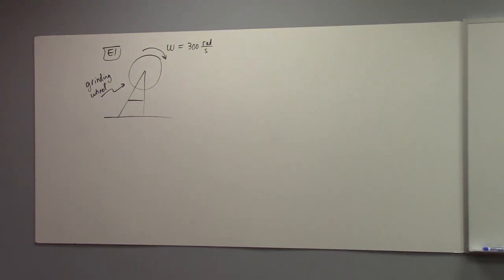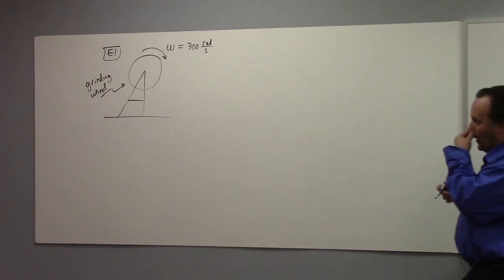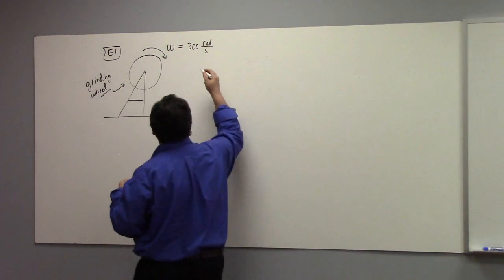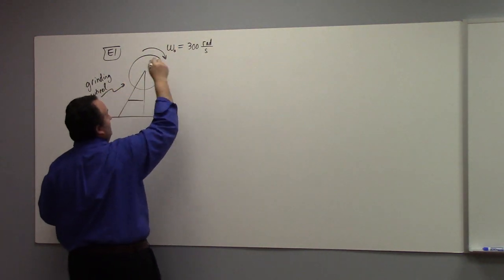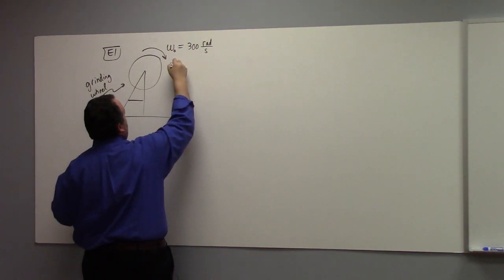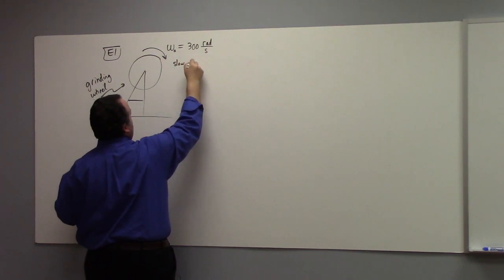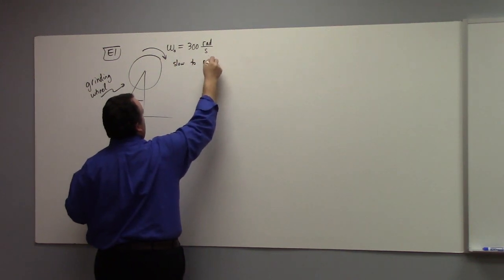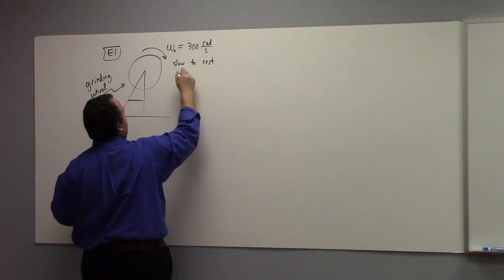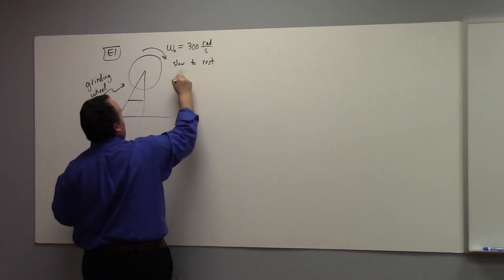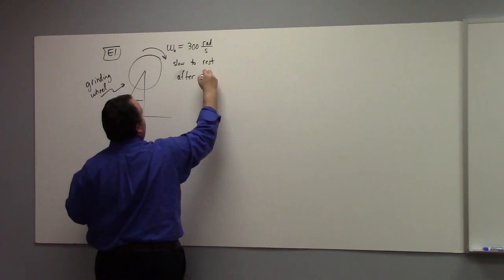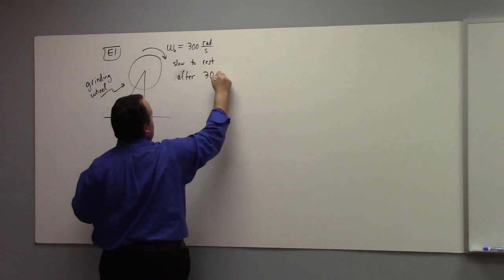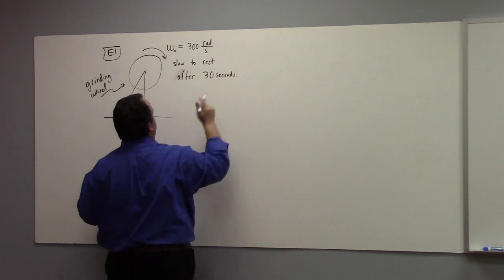So it slows, all right? So that's the initial angular velocity. Let's suppose that it slows to rest after, let's say, 30 seconds.